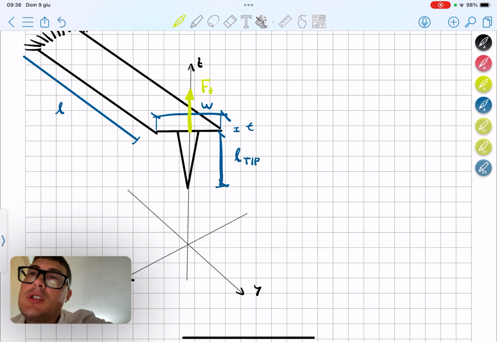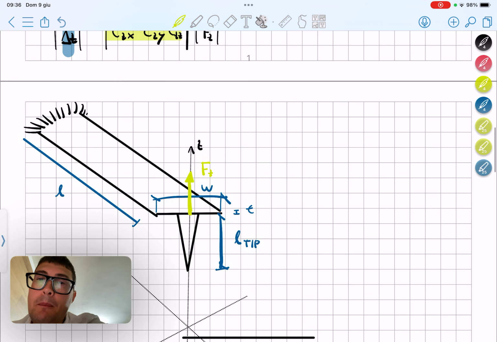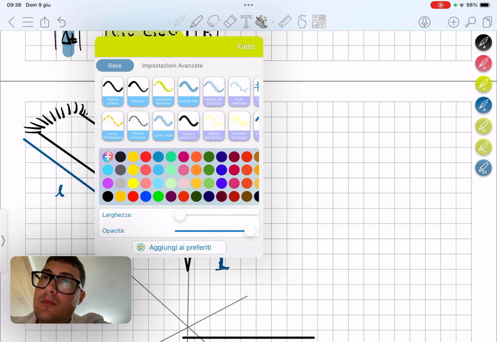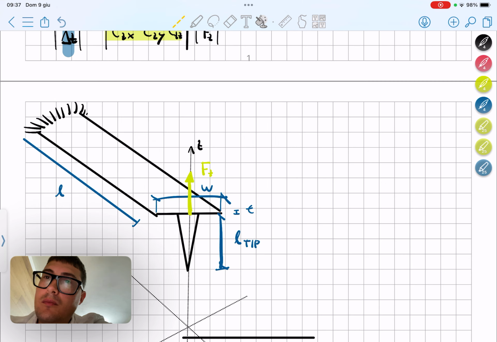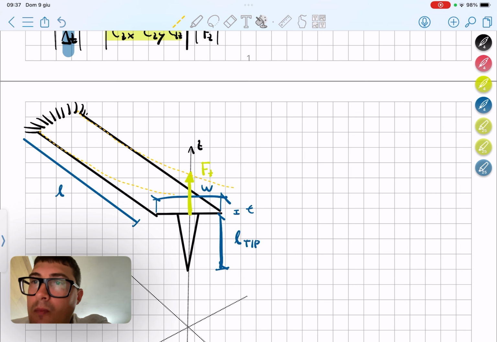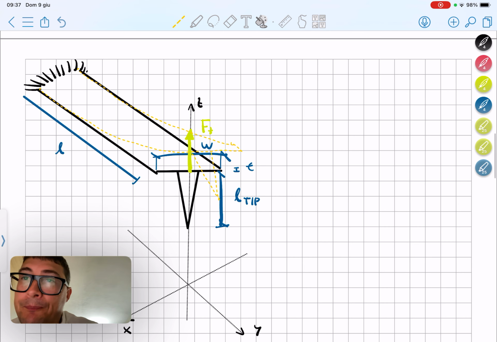This force will essentially bend the cantilever, in this way. And also the tip will bend, because of the effect of this vertical force, f of z.